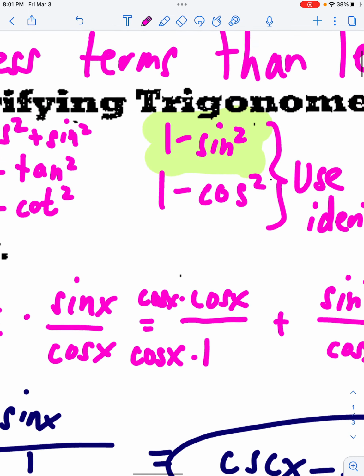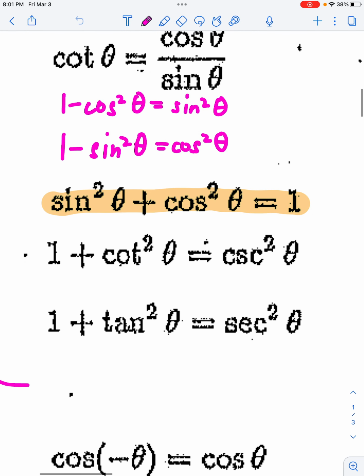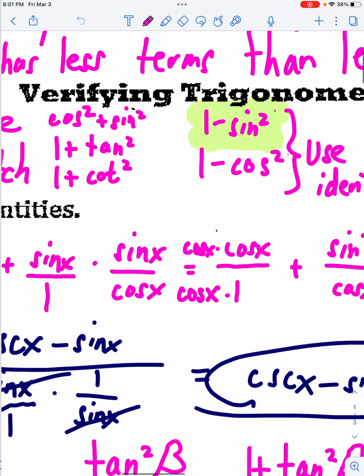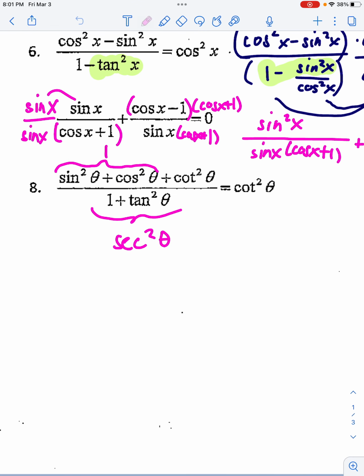Recognize these 5 guys, and use your identity sheet. So the left side here becomes a 1 plus cotangent squared of theta over secant squared of theta.